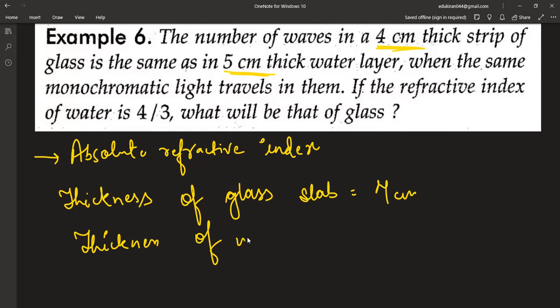Thickness of water is given as 5 centimeters. And the refractive index of water is given as 4/3. This is the information that you have. Now, class, listen carefully.